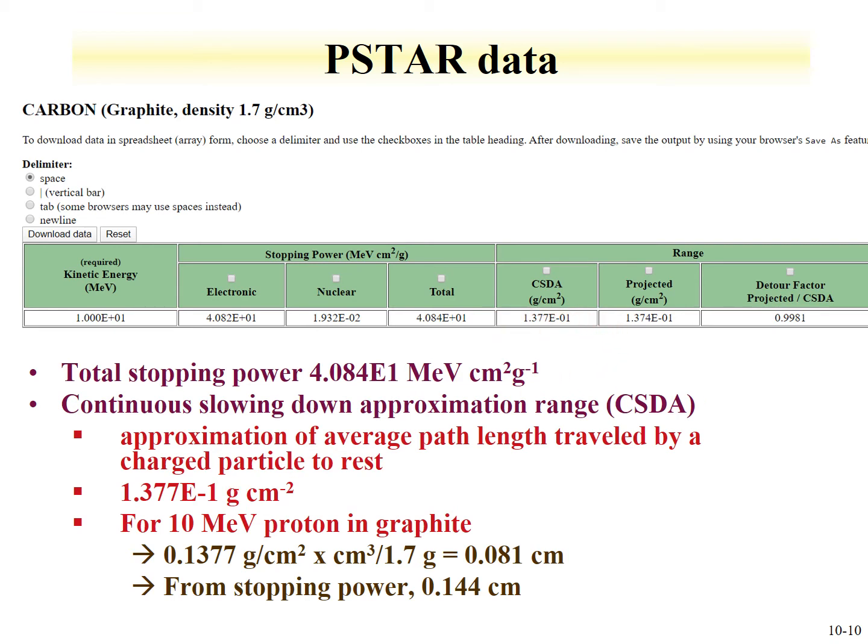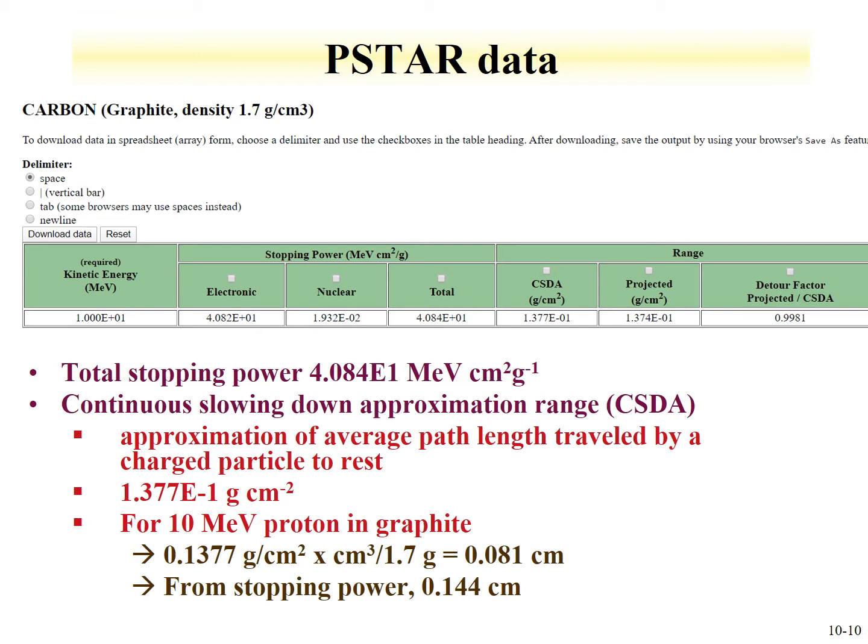You can pull up the data here. You can either use the CSDA or the projected. This is a factor that talks about straggling. So you see that there's not a lot of straggling. Most of it, 99.81%, does not straggle.